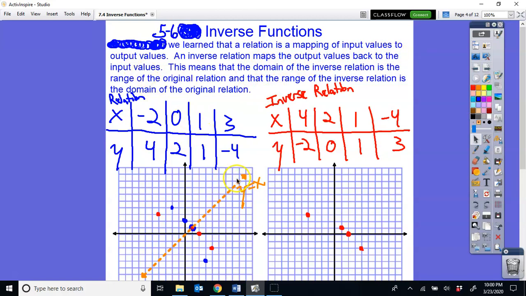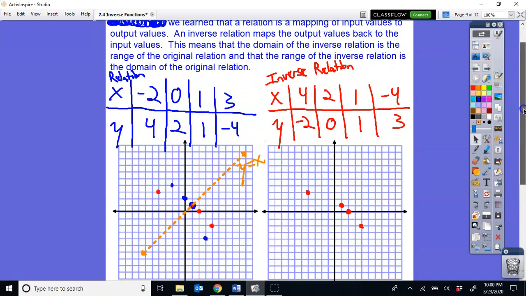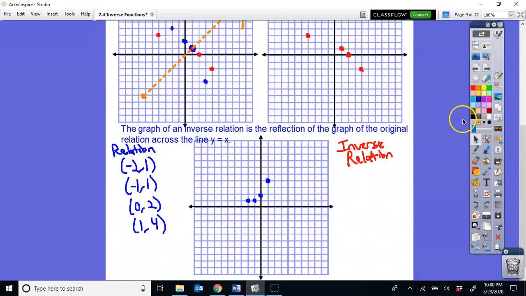Or in other words, the domain of the inverse is the range of the original. The range of the inverse is the domain of the original. Or, in even simpler terms, we switched the x's and y's. We switched the inputs and outputs. We switched the domain and range.